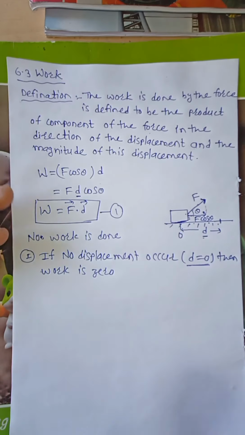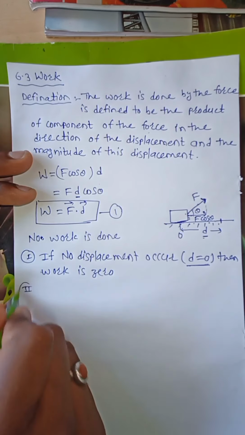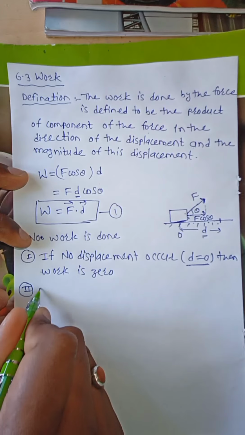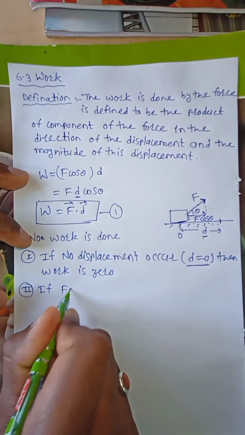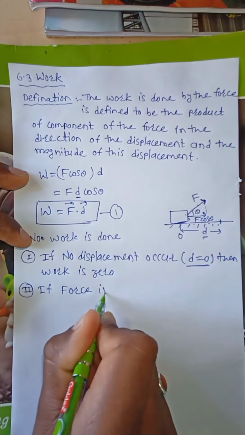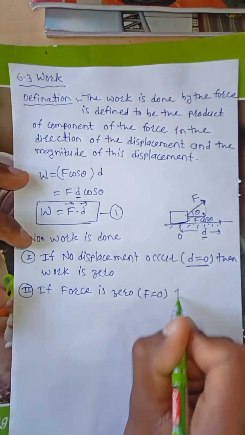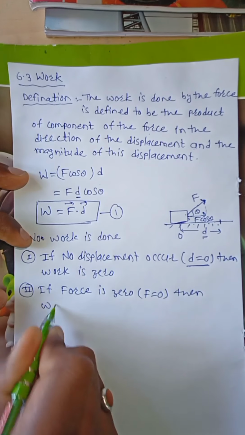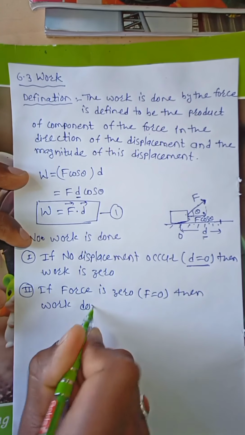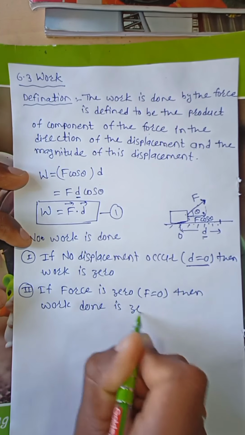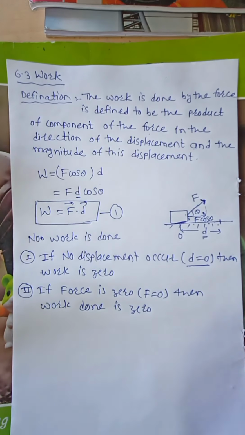In that case the force is a large amount of force but that object can't be displaced, therefore the work done is zero. Now second case, if force is zero, then work done is zero. Suppose one body is continuously moving on a horizontal table and there is no force on that body.